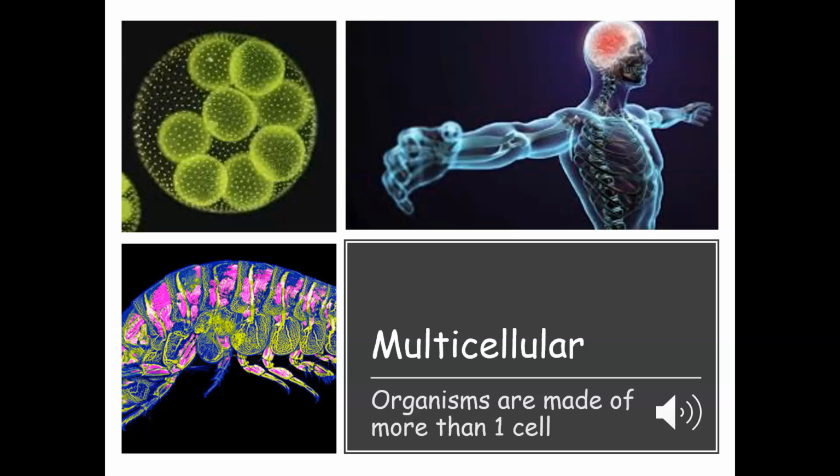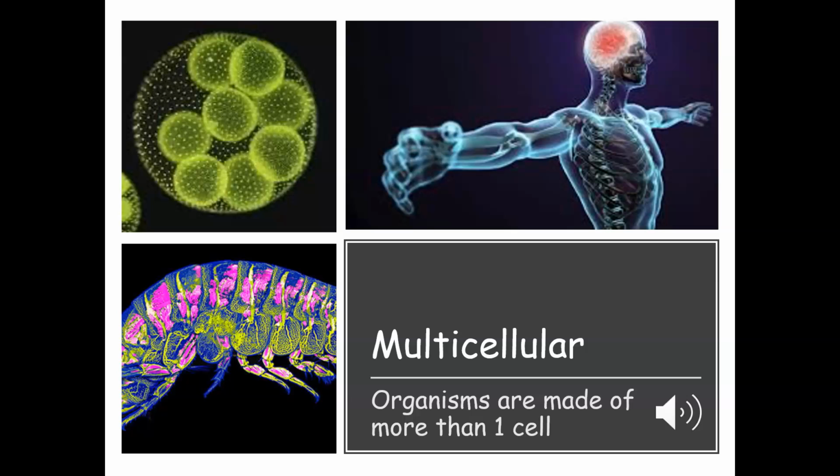Okay, here we go. Our next level of organization when we're talking about cells is multicellular. Break it down: multi means many, and cellular, cells. If we look at our three pictures here, of course, we're multicellular. We have cells that work together to make up tissues, that work together to make up organs, that work together to make up organ systems, and so on. So we have us, and then we have the crawdad.